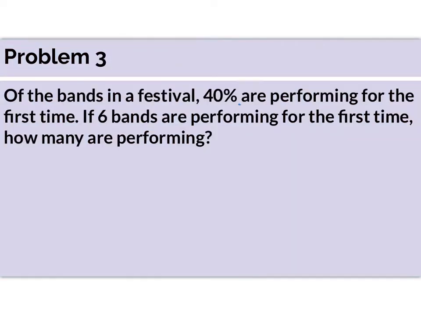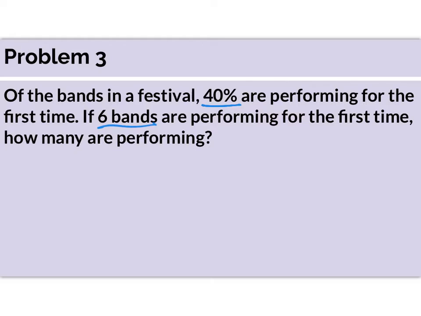Okay, 40% for the 6 bands. Of the bands, 40% are performing for the first time. If 6 bands are performing for the first time, how many bands are there?